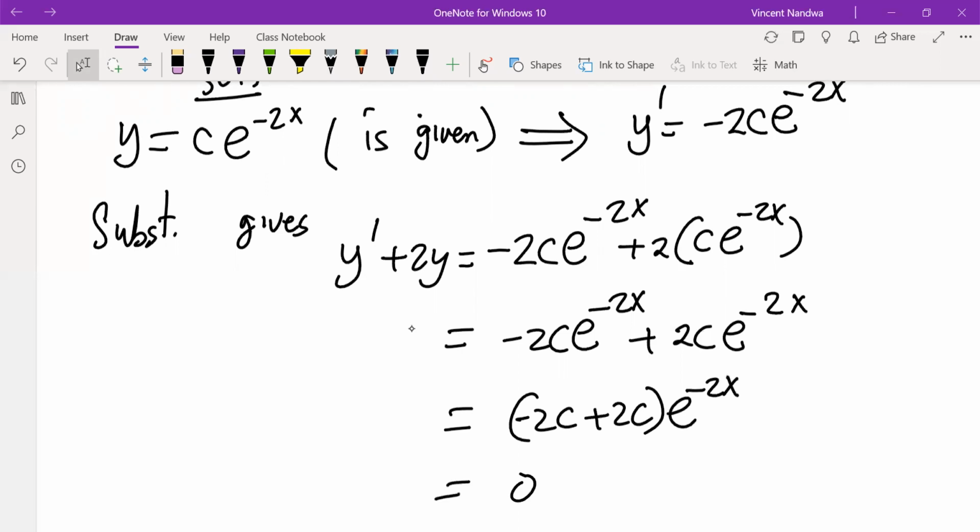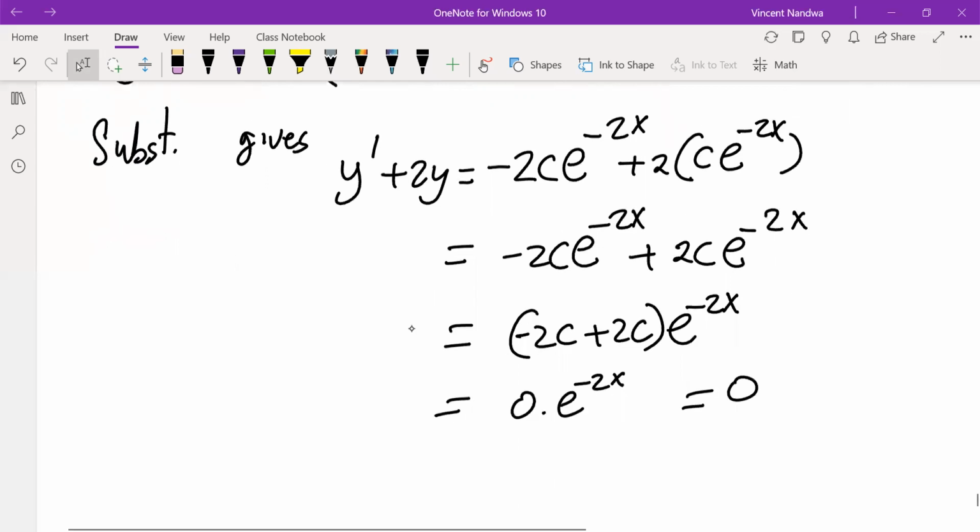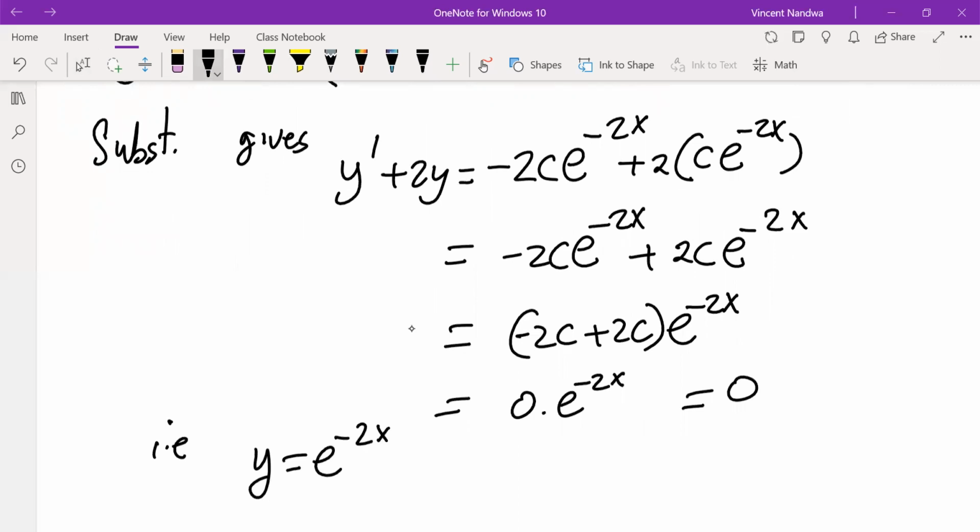And this is 0 times e raised to minus 2x, which is 0. So y equals c e raised to minus 2x is a solution to y prime plus 2y equals 0, because you can clearly see that the equation is satisfied.